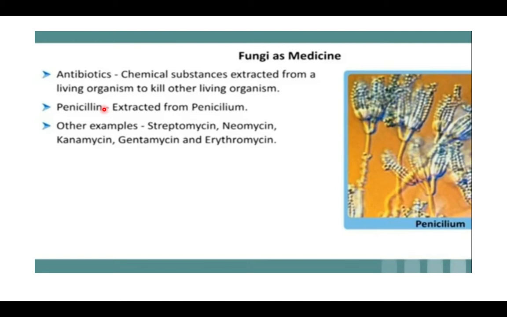Thereby it affects the tissue. To avoid that infectious disease, antibiotics will be given. So that antibiotic is prepared from fungi, right? And these are all the kinds of antibiotics prepared with the help of fungi. So in that way, fungi are helpful in the productivity of medicine.